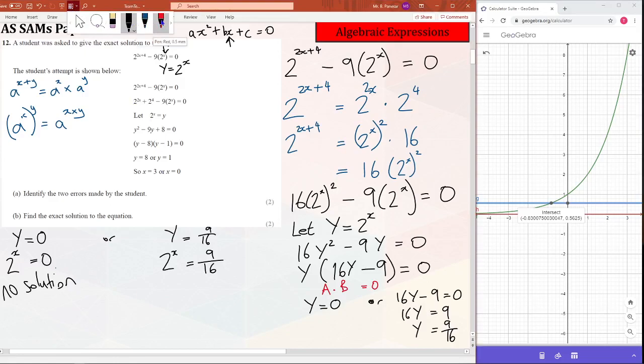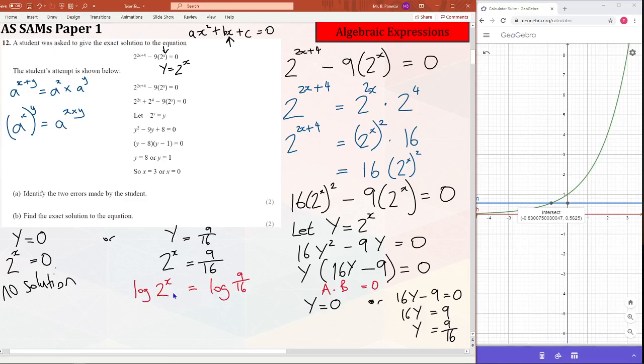I'm going to use a different color pen here just to highlight that I'm using logs. And some of you might not be confident with logs yet, but I'm just going to show you how we'll do this. Take logs on both sides. So log 2 to the power of x equals log 9 over 16. If I haven't put a base, that means I'm using base 10, but it doesn't matter what base you use.